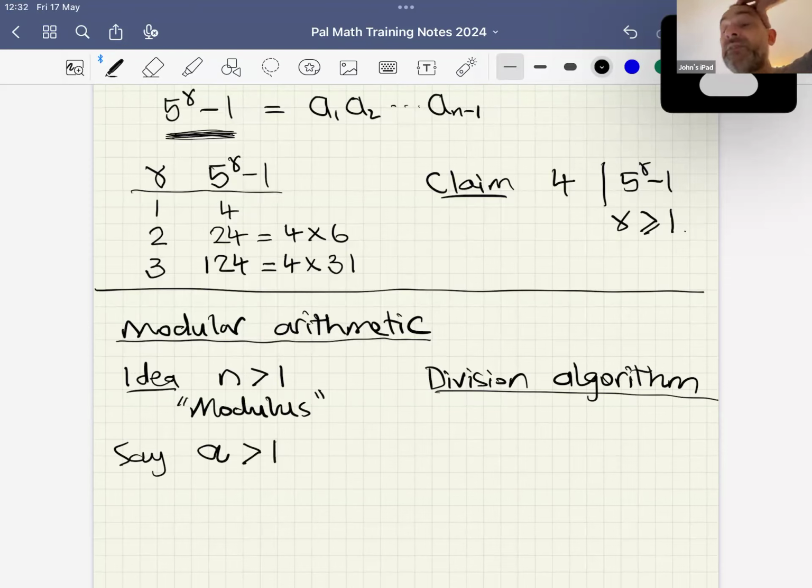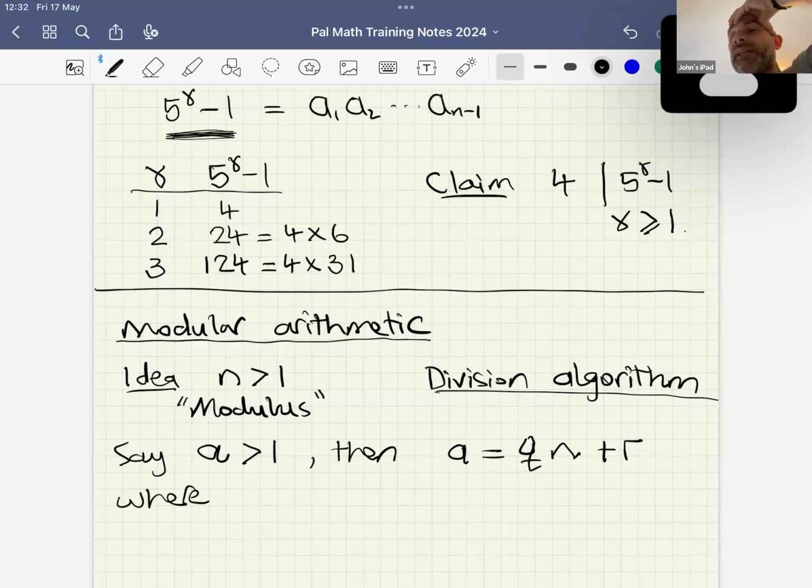I'm just doing this for the natural numbers, but you can do this for any integer. Then we can write a as a multiple of n and a remainder, where q and r are integers. And the key point is the remainder is strictly less than n.